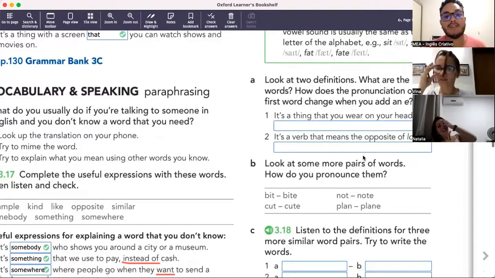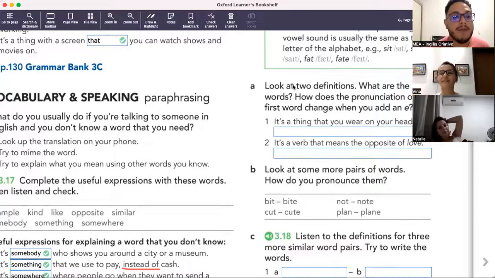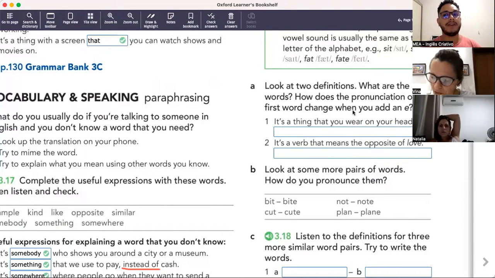Okay, let's look at these two definitions, please. What are the words, Nat? How does the pronunciation of the first word change when you add an E? It's a thing that you wear on your head. What is something that we wear on our heads?